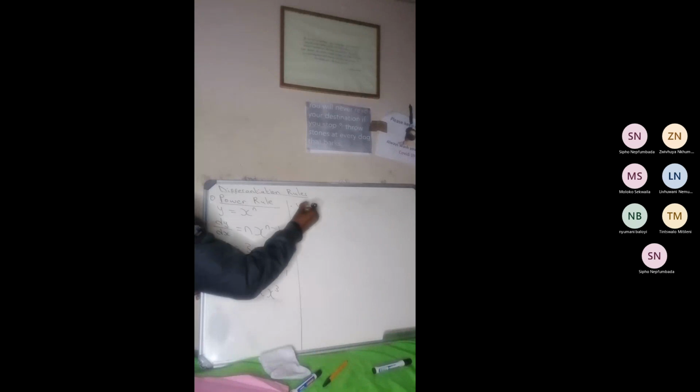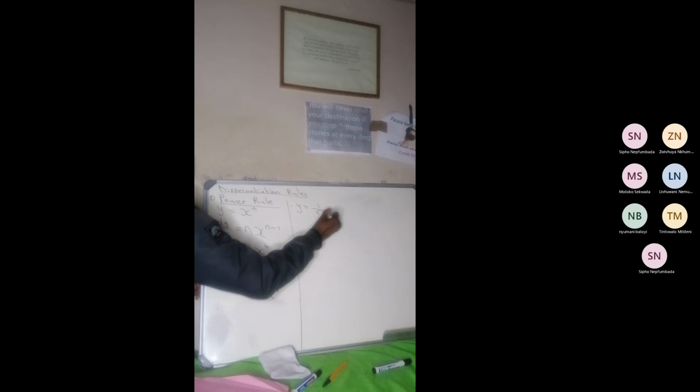So now, let's say we have this kind of function, which is y is equal to 1 over the square root of x.